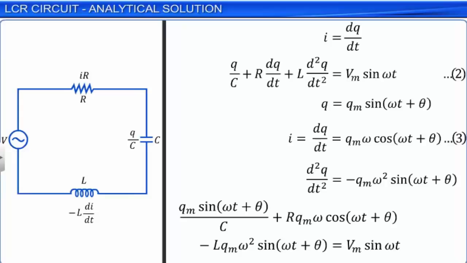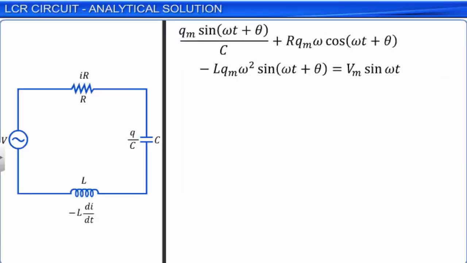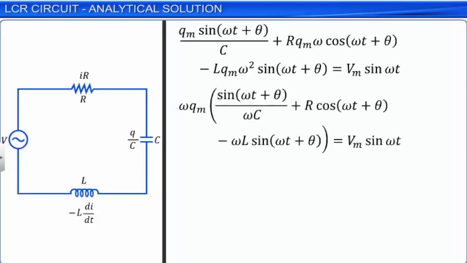Taking omega Qm common on the left-hand side and rewriting the expression, we get omega Qm into [sin(omega t plus theta) by omega C plus R cos(omega t plus theta) minus omega L sin(omega t plus theta)] is equal to Vm sin omega t.